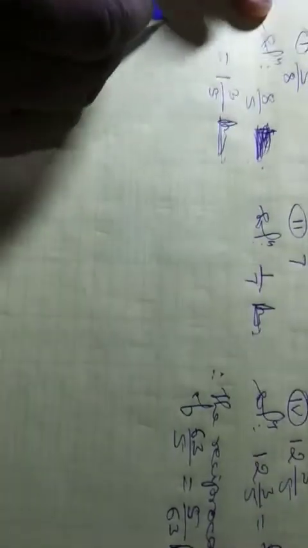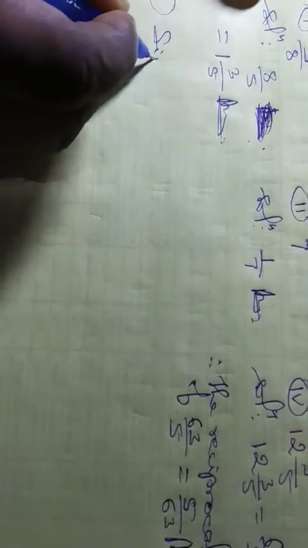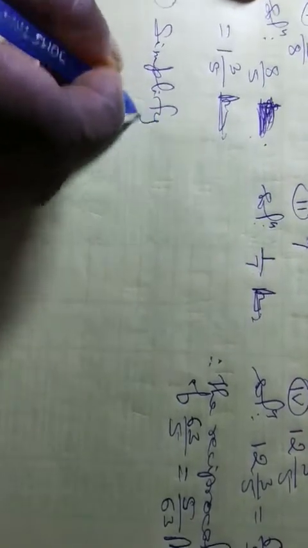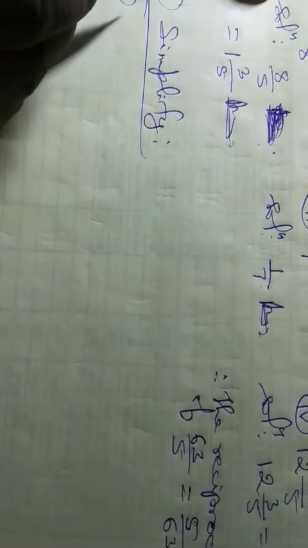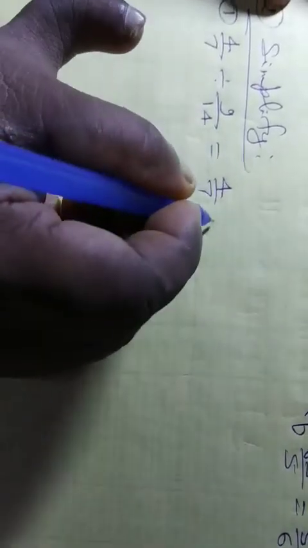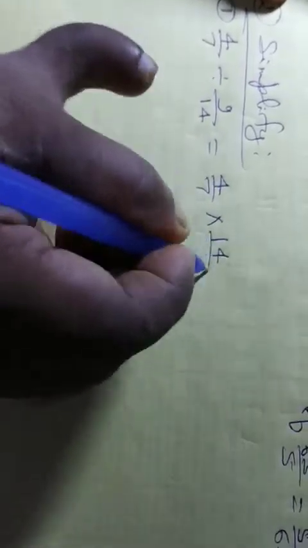Now question number 2. Simplify. Question number 1: 4 by 7 divided by 9 by 14. 4 by 7 multiplied by 14 by 9.